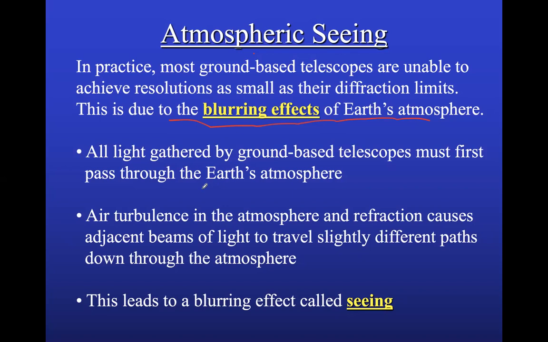You know that light refracts when it goes through different air columns, because air columns have different densities. From one column to the other, it will always get refracted. So the rays will go through different paths down through the Earth.